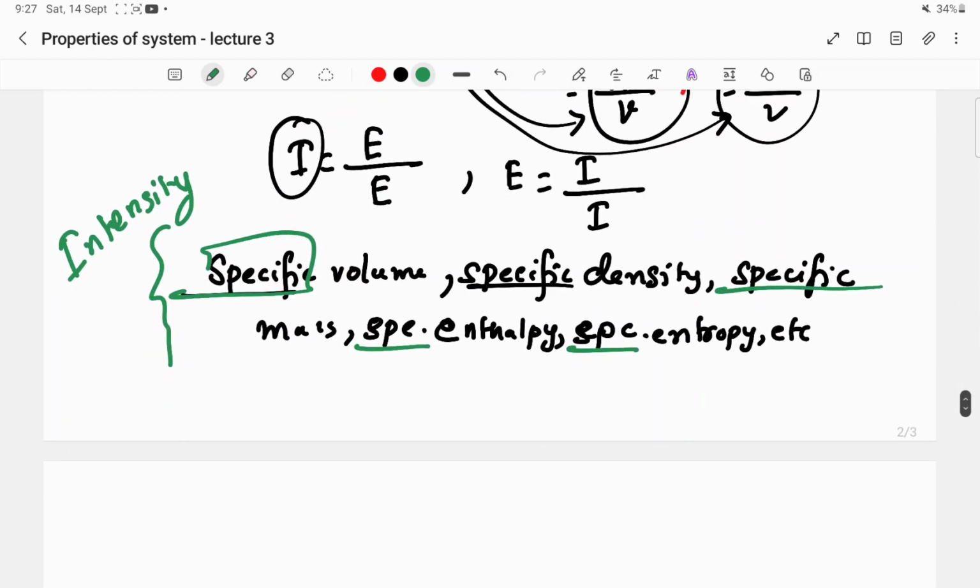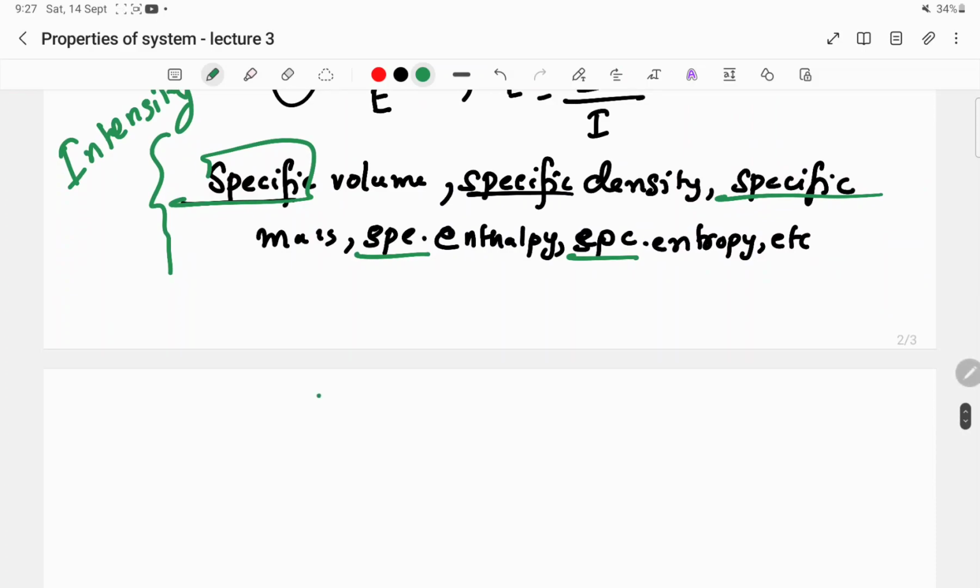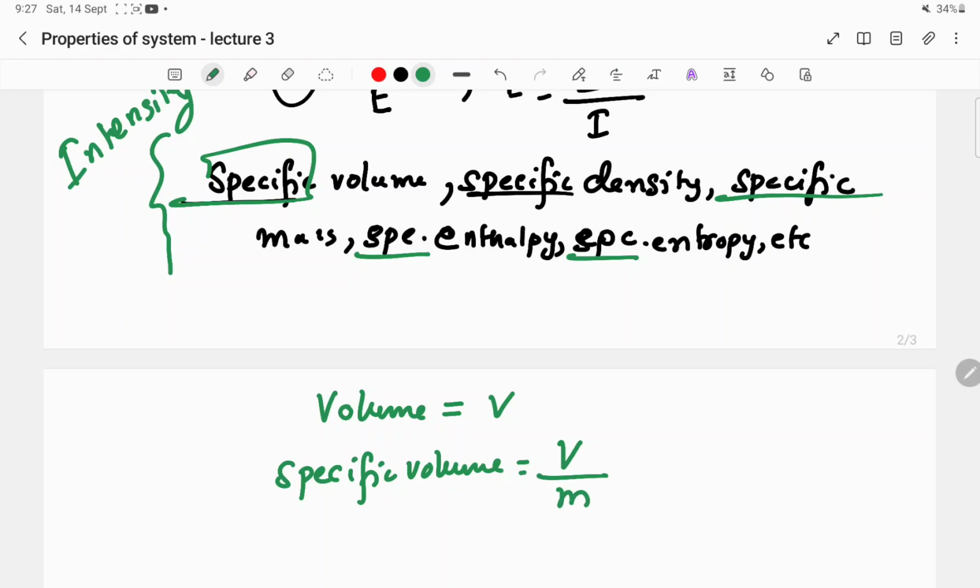See, simply volume is V. But if it is specific volume, it will be divided by mass.